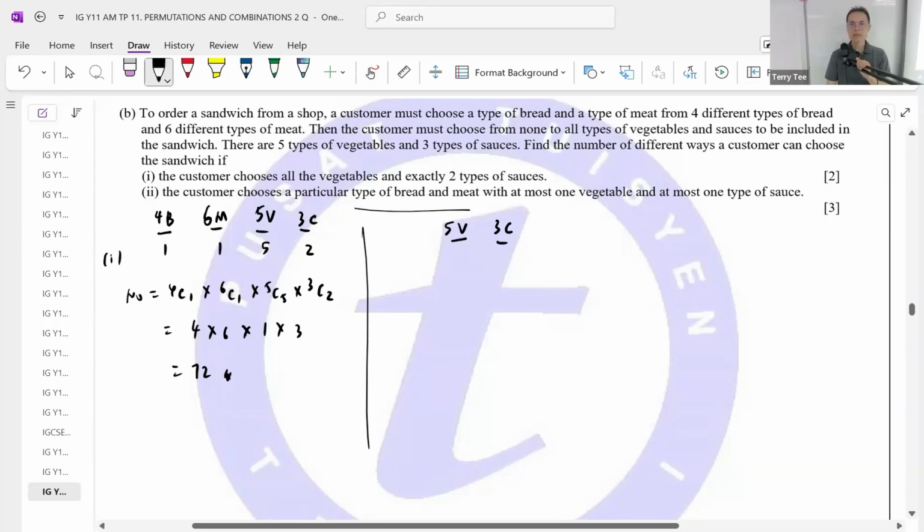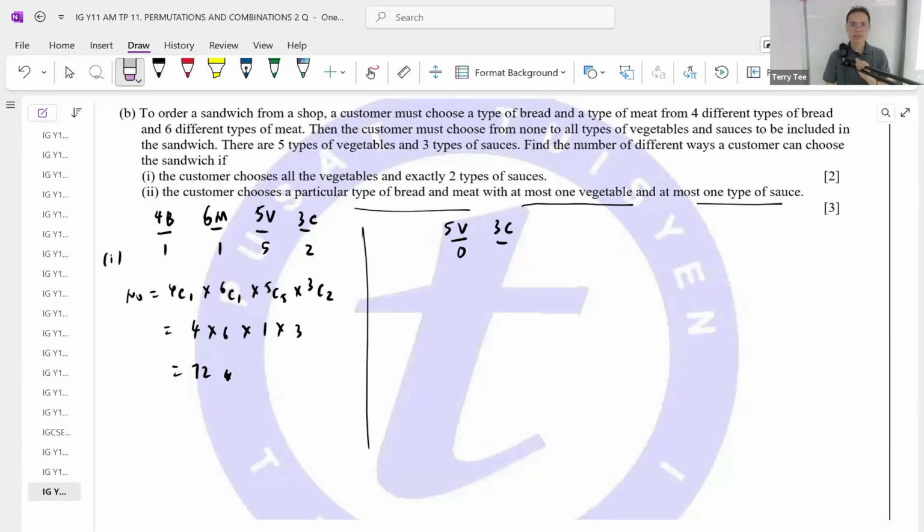Now they say at most one vegetable and at most one type of sauce. How do you do at most one vegetable? You're going to do 0 and 1, right? For example, I don't choose any veggie, or I choose one veggie.